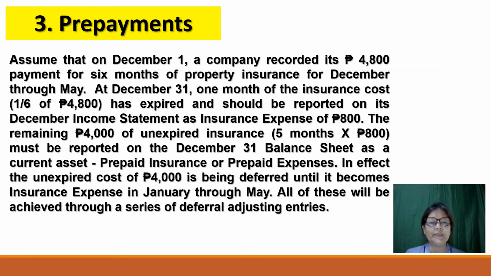The remaining 4,000 of unexpired insurance, 5 months times 800, must be reported on the December 31 balance sheet as a current asset. As such, prepaid insurance or prepaid expenses.